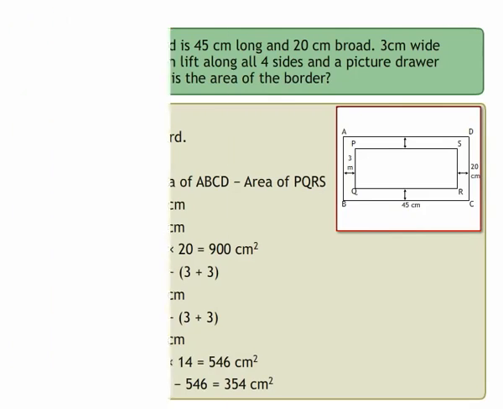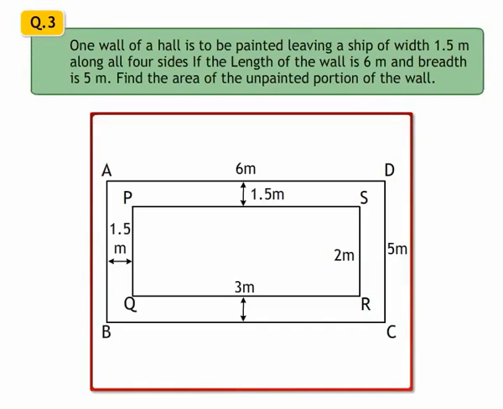3. One wall of a hall is to be painted leaving a strip of width 1.5 meter along all four sides. If the length of wall is 6 meters and breadth is 5 meters, find the area of the unpainted portion of the wall. Solution.